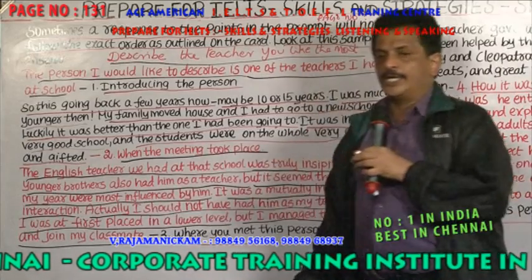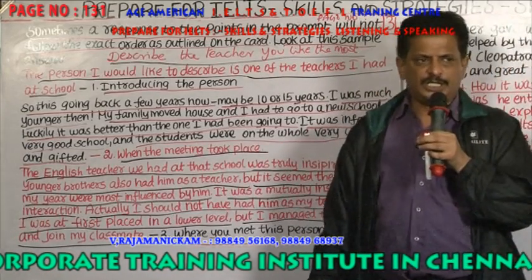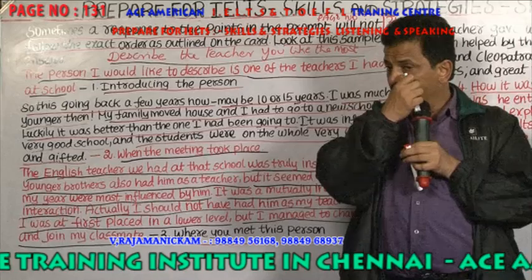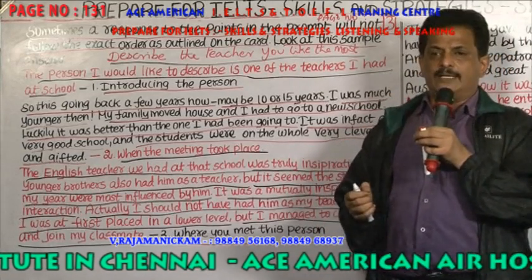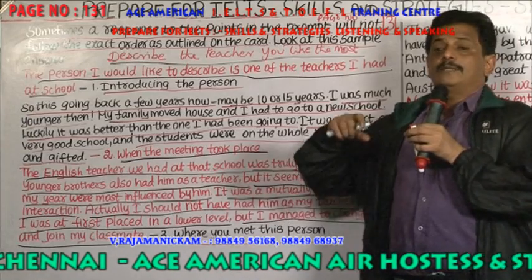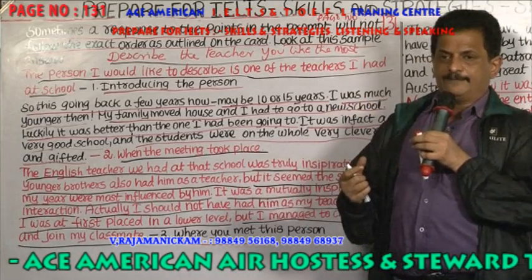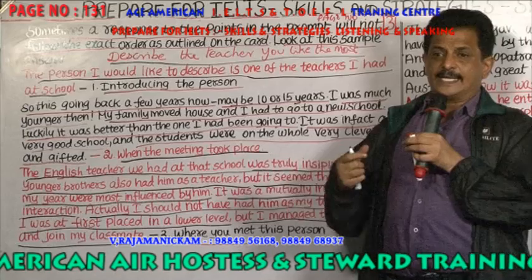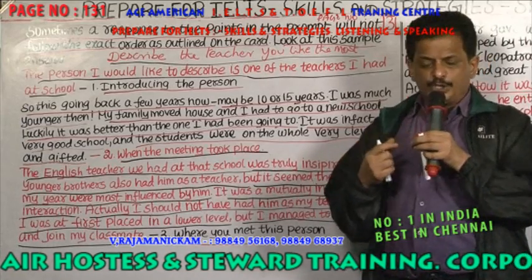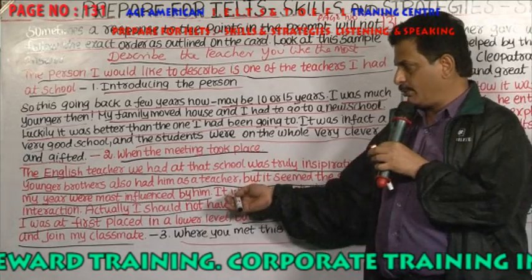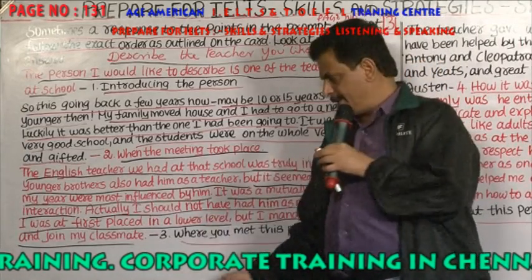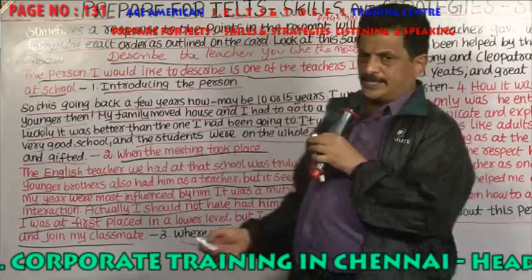Here he says about the English teacher, who teaches his brothers also and doesn't teach very low class students, and because of that he changed classes. Both the senior students and the teacher found it comfortable to interact. That's what is given here. Now coming here, where you met this person?